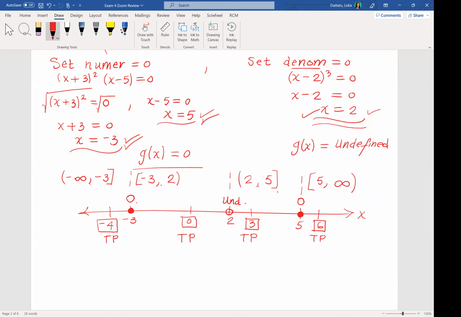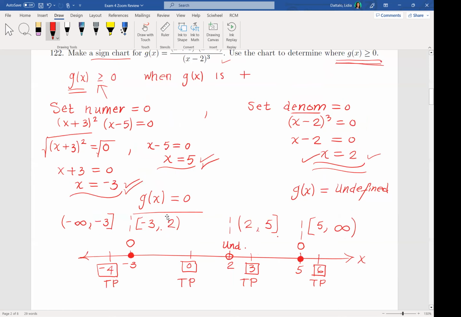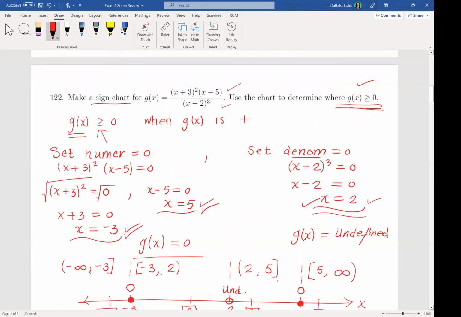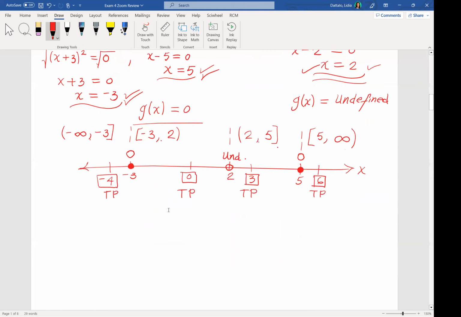So now I want to grab the function, which was what? X plus 3, x minus 5. Here's my test point, which is x.